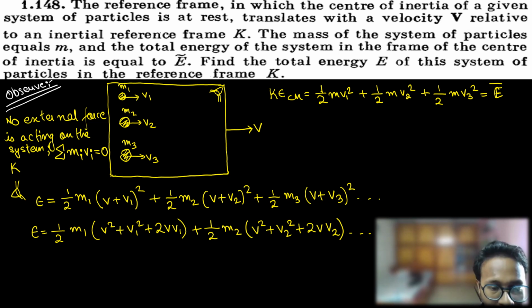Now see, can I multiply this: half m1 into v square plus half m1 into v1 square plus half m2 into v2 square?